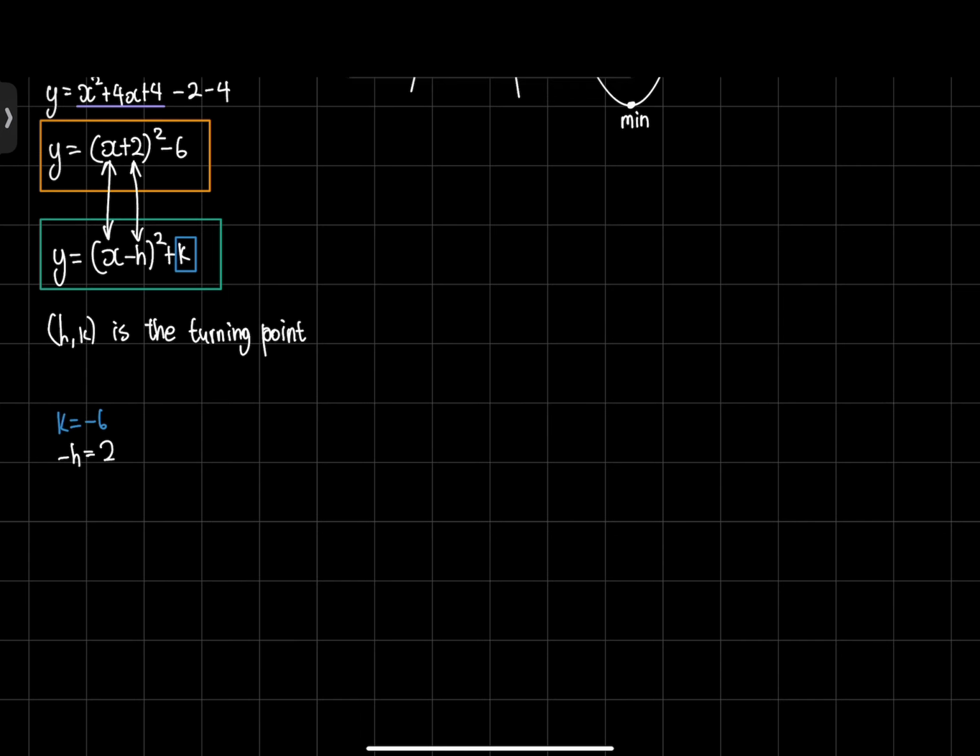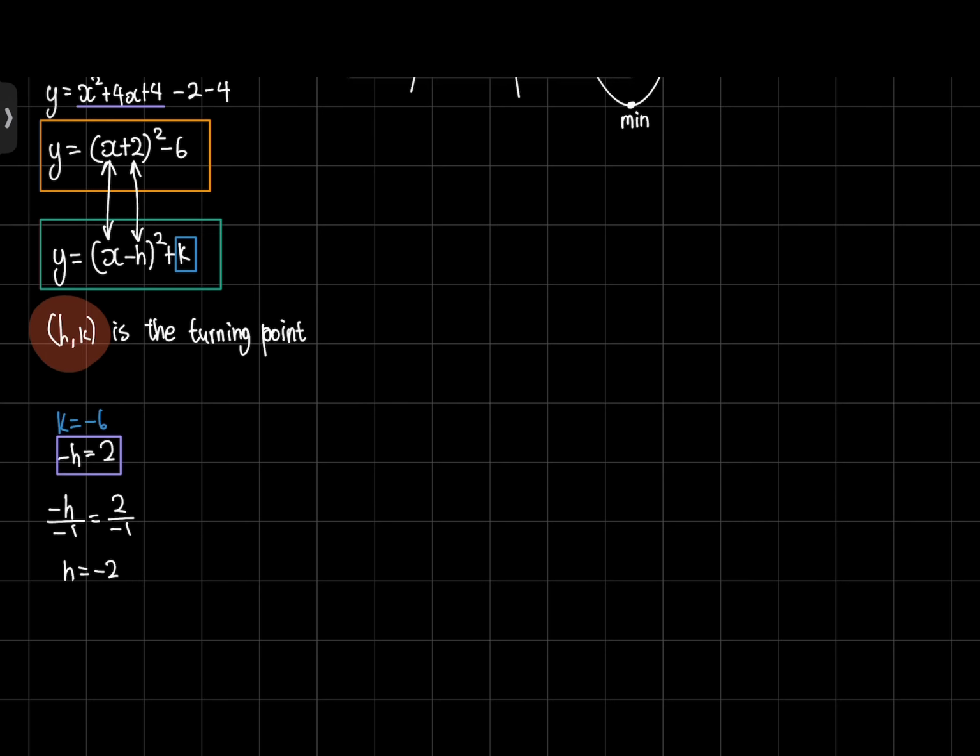So if the turning point can be found at h comma k, we first need to find h. We know that negative h is 2. So what would h be? Well, we need to divide the whole expression by negative 1. And then we get h is equal to negative 2.